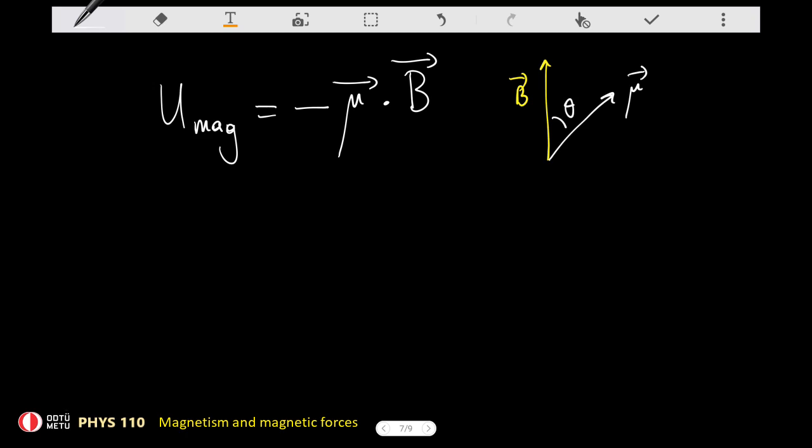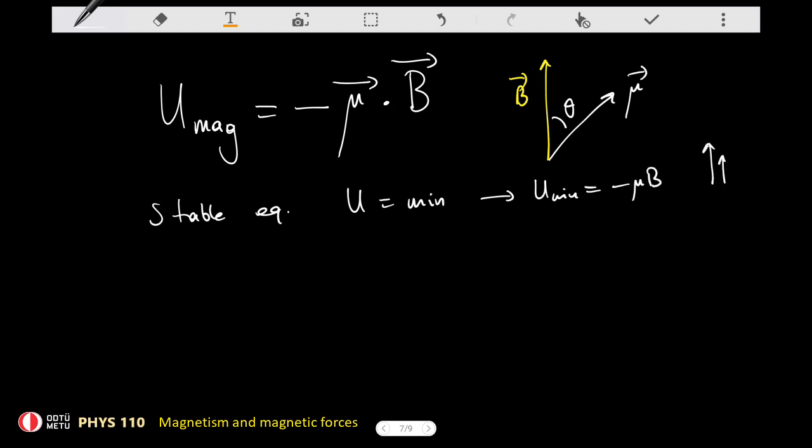All right, from here you can clearly see that the stable equilibrium orientation, which corresponds to the minimum potential energy, happens when the two vectors are parallel to each other.